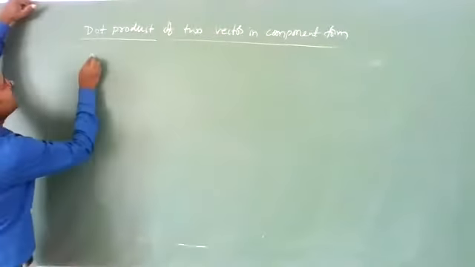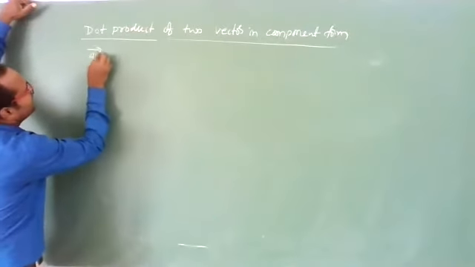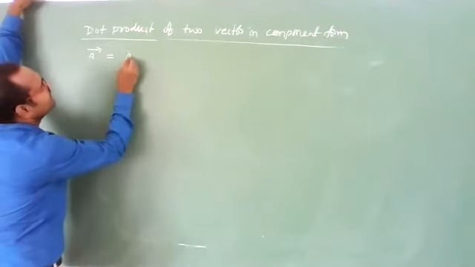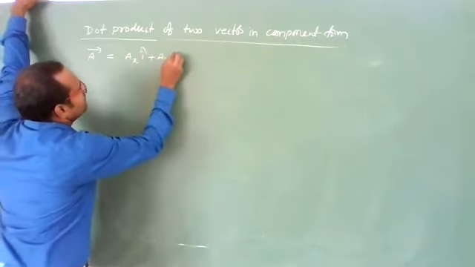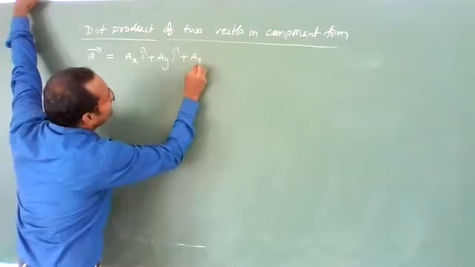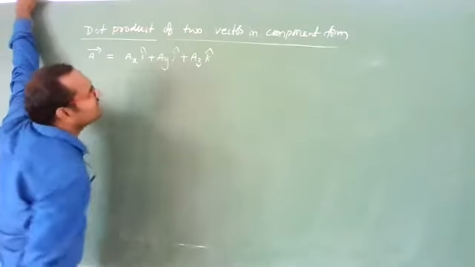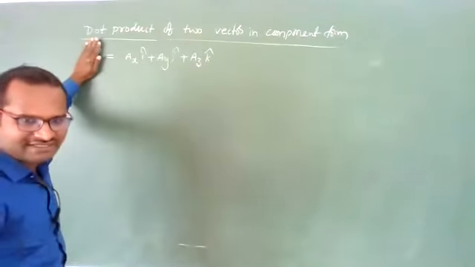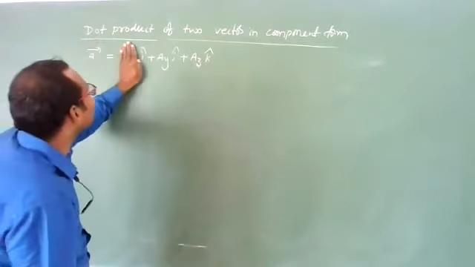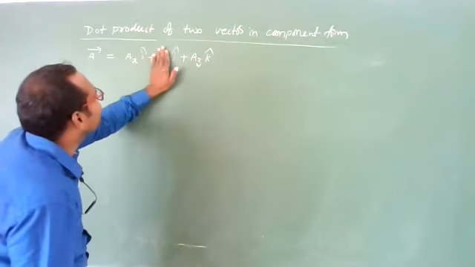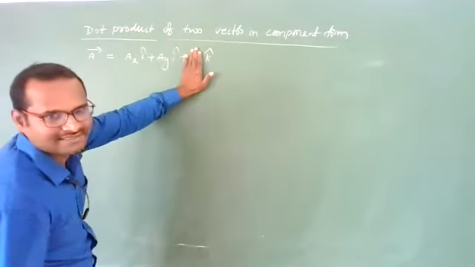Let us suppose we have one vector a bar and that vector is given like this: ax i cap plus ay j cap plus az k cap. What is the meaning of this? There is one vector a bar, and its value along the x-axis is ax, along the y-axis is ay, along the z-axis is az.